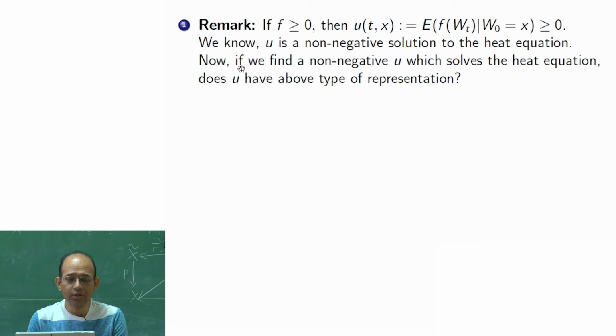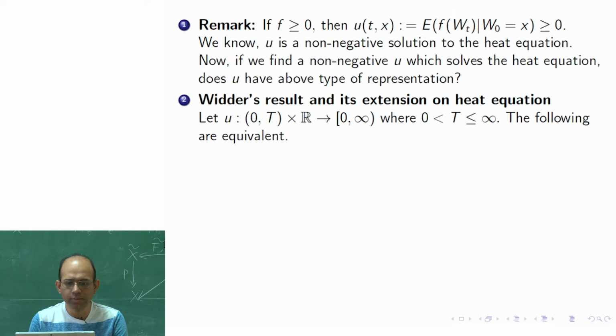Now if we find a non-negative u which solves the heat equation, does u have the above type of representation? So this is the question we are asking here, and we are going to answer it affirmatively. This is Widder's result.